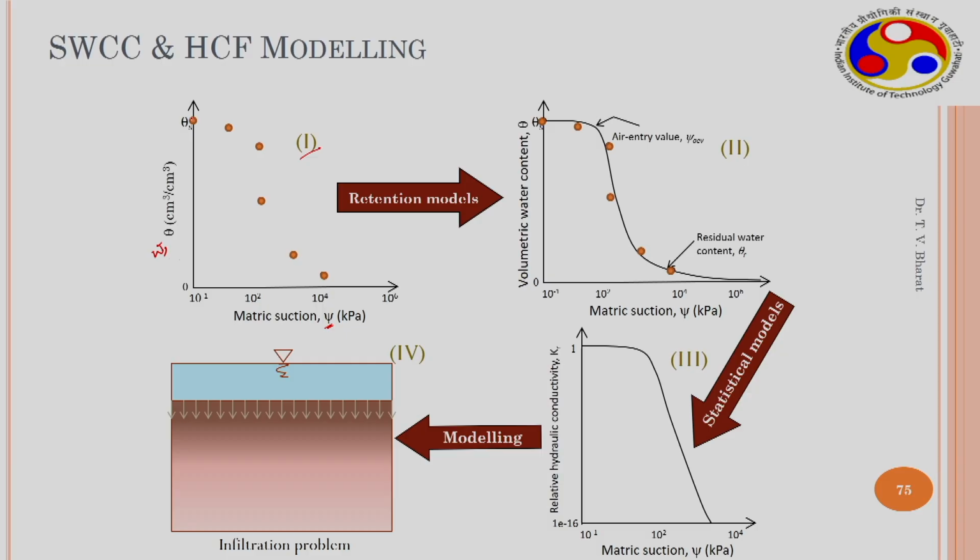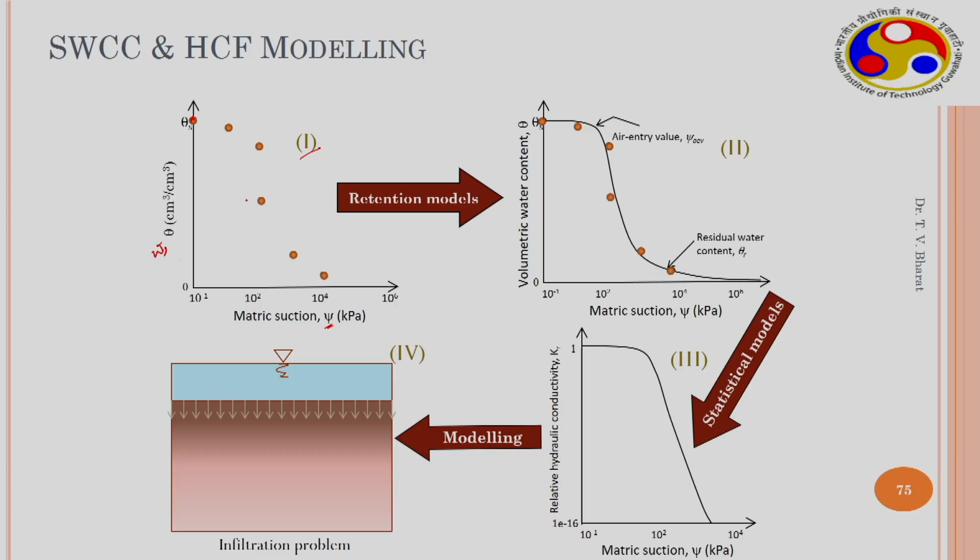So, we get discrete data like this. Theta equals theta s corresponds to very small suction, or suction close to 0. That is the saturated volumetric water content, which is the porosity of the soil, and as the suction increases the theta value decreases. So, this is the discrete data we obtain.